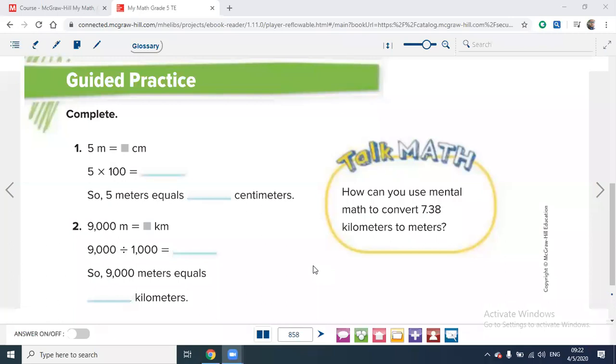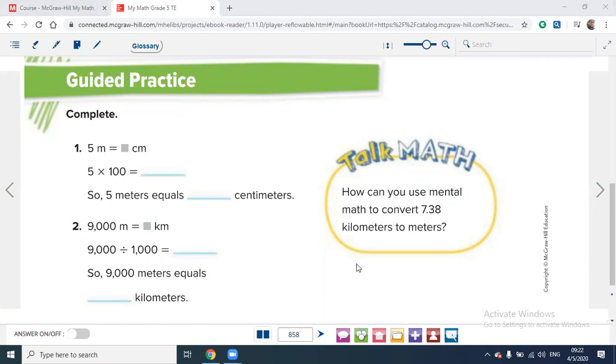1 meter equal 100. Yes, so I have to multiply it by what?